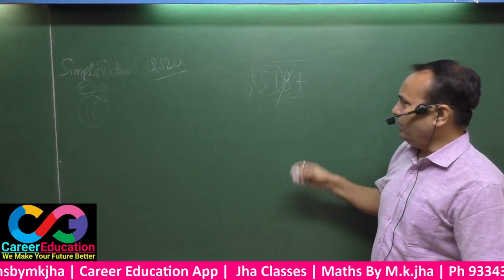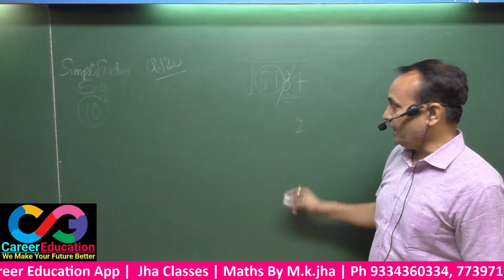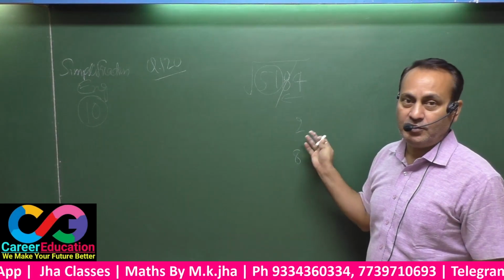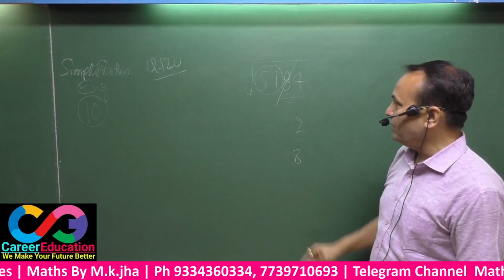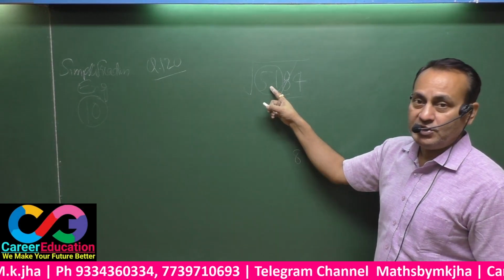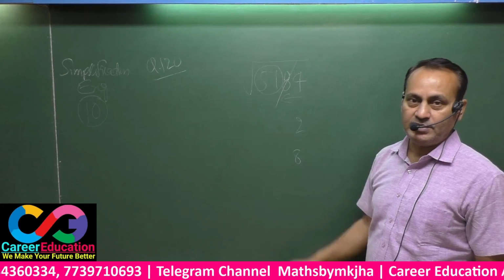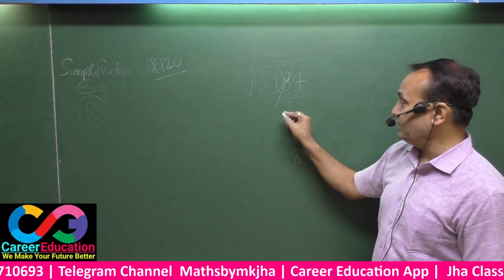If you take 2, the square of 2 is 4, and the square of 8 is 64, so at the unit place there is 4 in both cases. Then search for a digit whose square is nearest to the left group and below it. 7 square is 49, so 7 may be there.